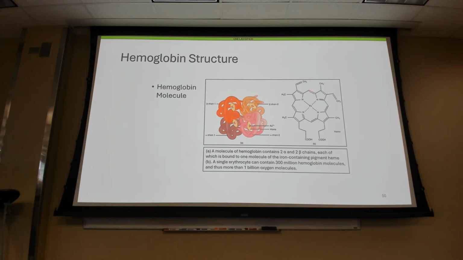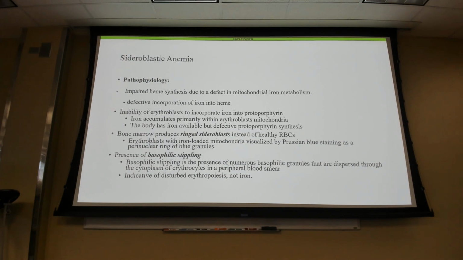Porphyrin synthesis is mitochondrial, and there is defective incorporation of iron. Because something's wrong with that protoporphyrin ring, it can't properly incorporate iron. If you can't incorporate iron sufficiently, you're not making good hemoglobin, and I'm becoming anemic. Tracking? Good to go.